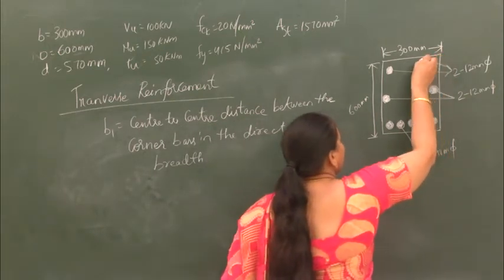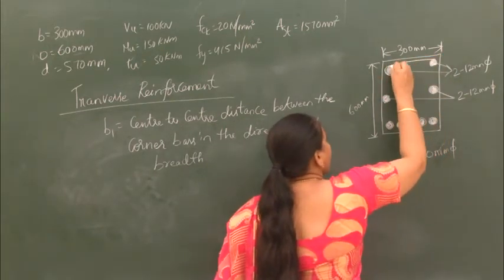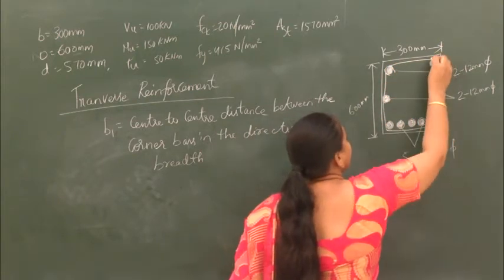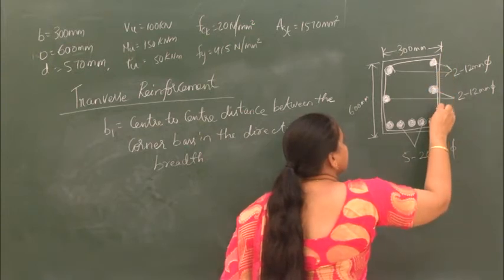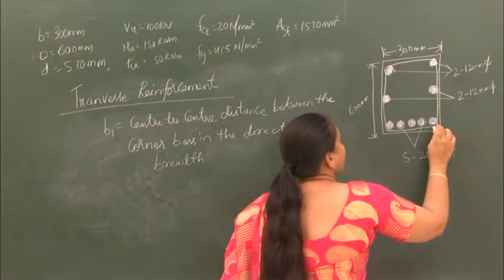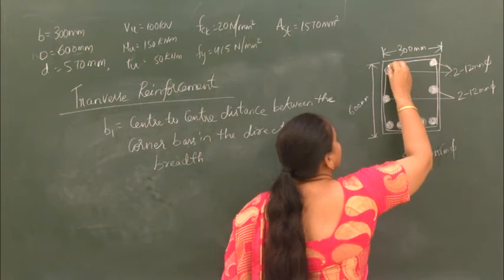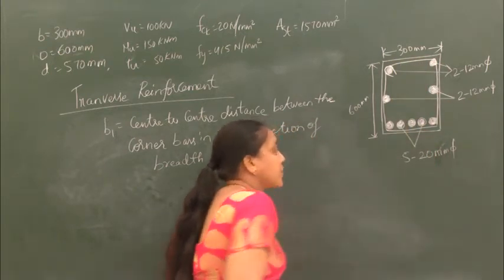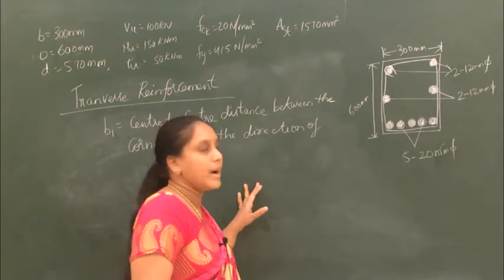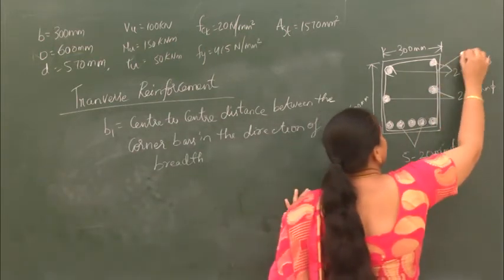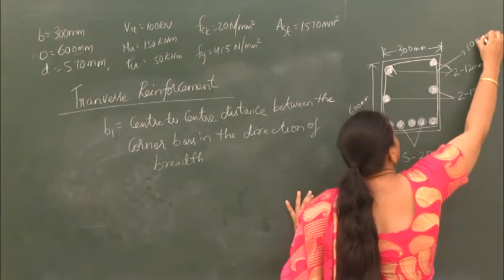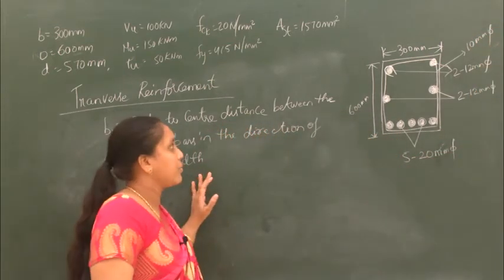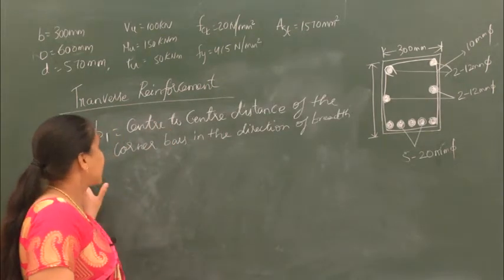Here I am going to provide a two-legged stirrup. So this is my two-legged stirrup I have provided, and the dia of this is 10 mm. So now let us calculate the B1.